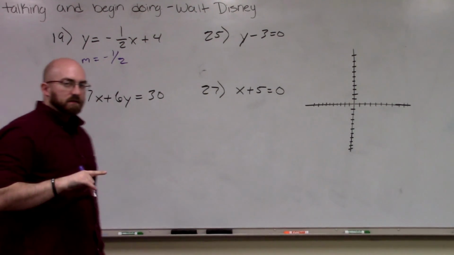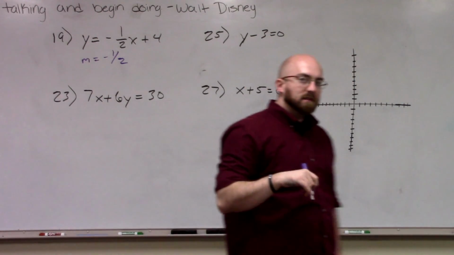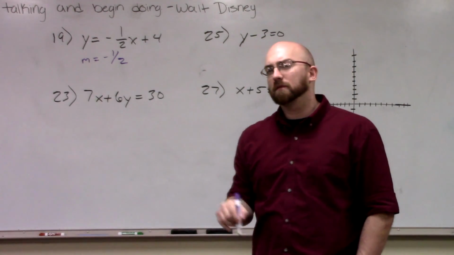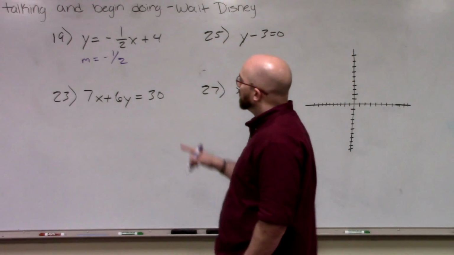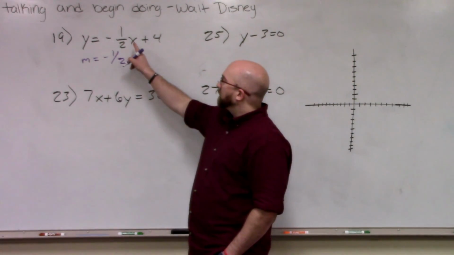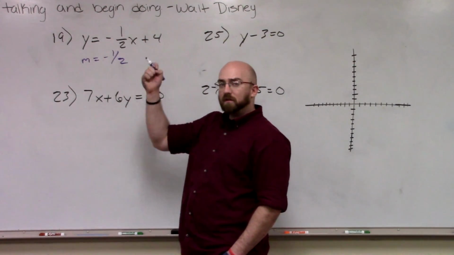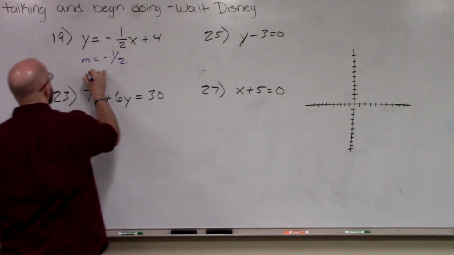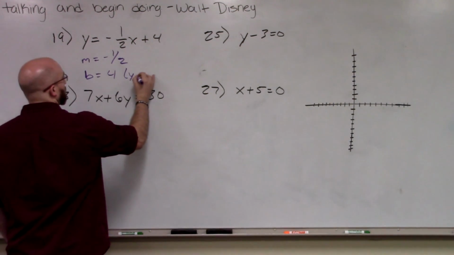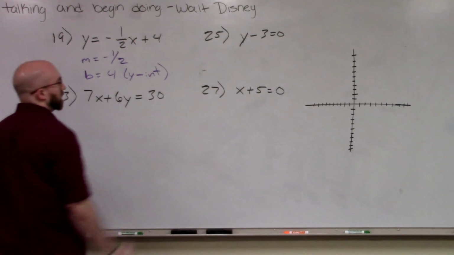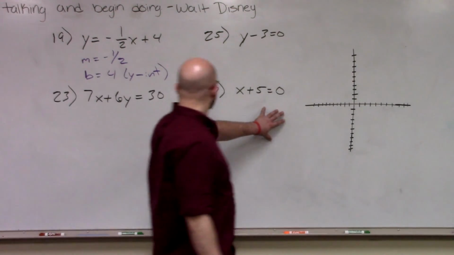And our y-intercept, if we remember from section 1.2, is found by setting x equal to 0. We can do some mental math: 0 times negative 1/2 is just 0. So our y-intercept, or our b, equals 4. So let's go over to our graph and plot it.